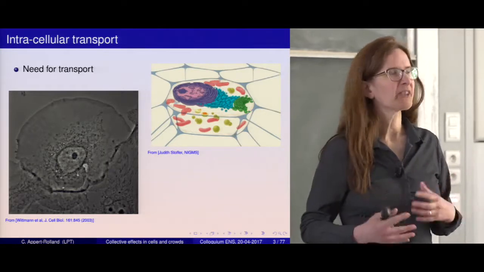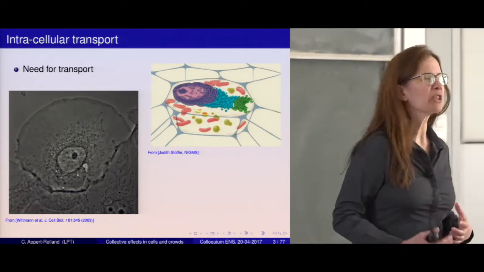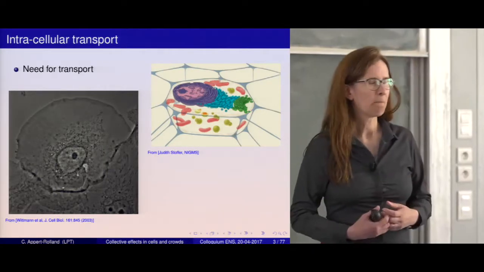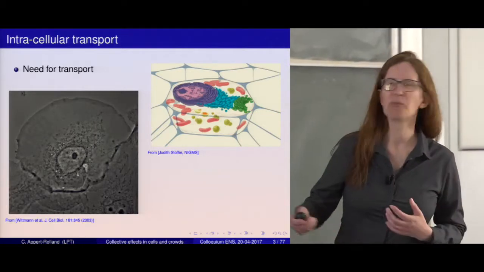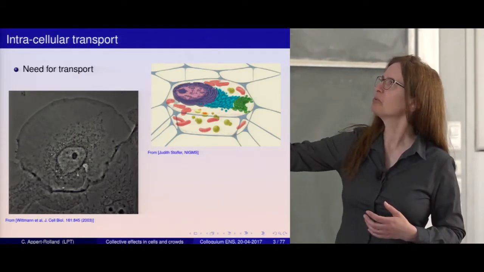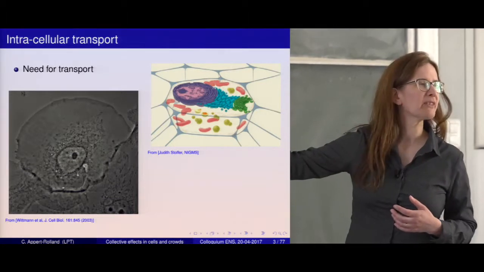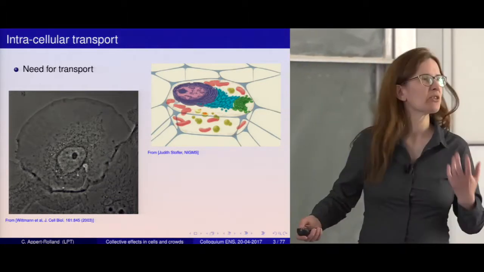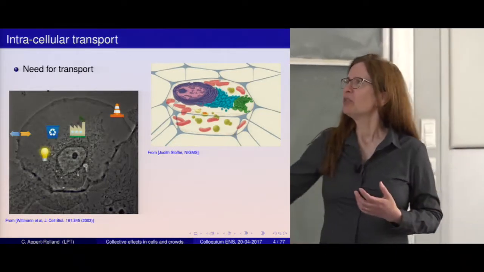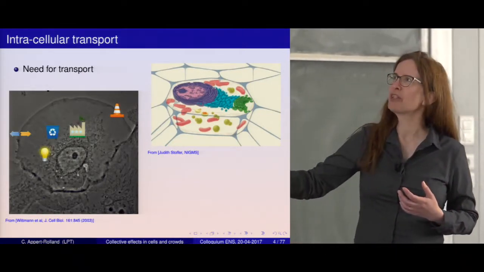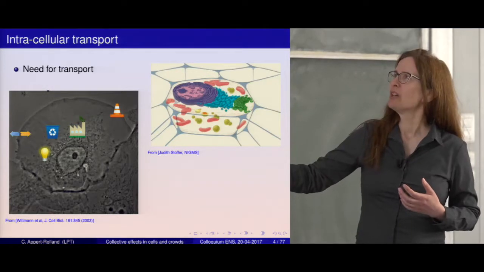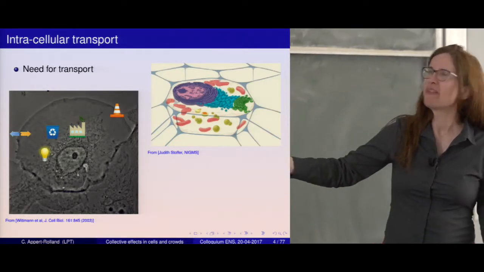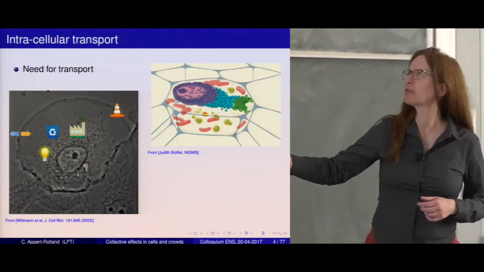First, for those who are not familiar, why do we need transport within cells? A cell is not something homogeneous. You see here a cartoon. You have different compartments corresponding to different functions. Basically, a cell is like a town. You must have some sources of energy. You must have some synthesis of proteins, a number of things.